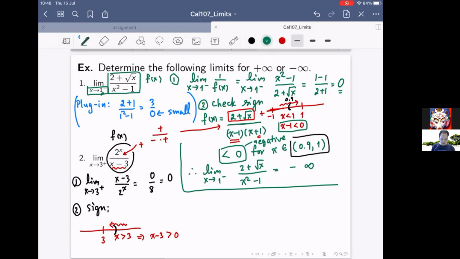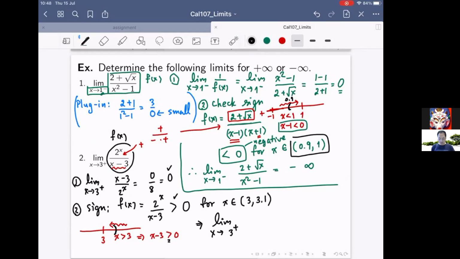So same thing, you can say that your function, which is 2 to the x over x minus 3, is positive at the bottom, and on the top it's positive as well. So it is greater than 0 for each and every x inside 3 and 3.1. You don't need to go too far. Just 3.1 will be good enough. So from this one and the positive side, we can determine that the limit as you go to 3 on the right of this function goes to positive infinity. We get?